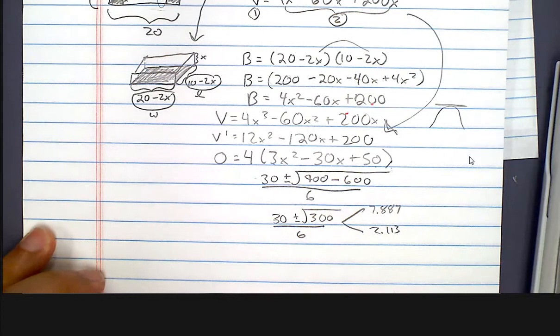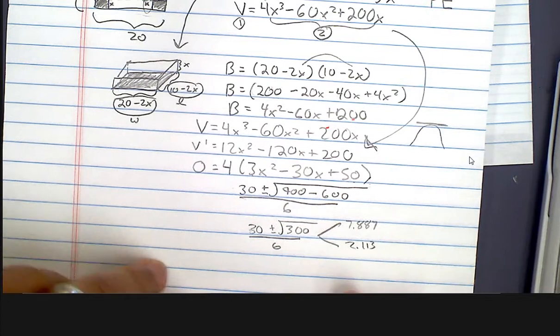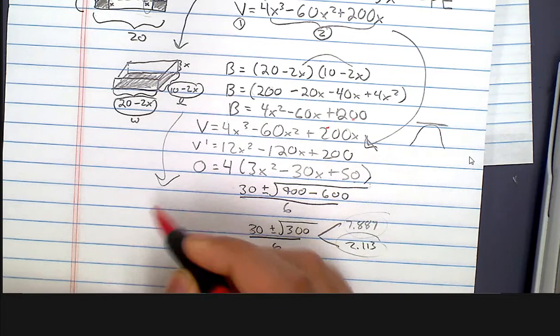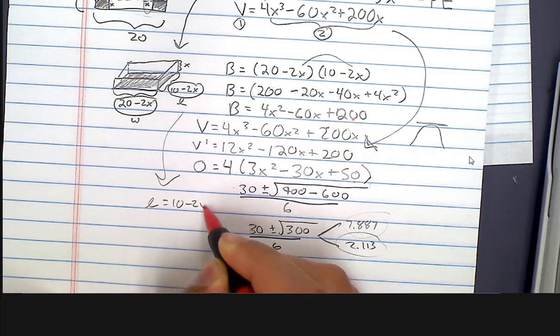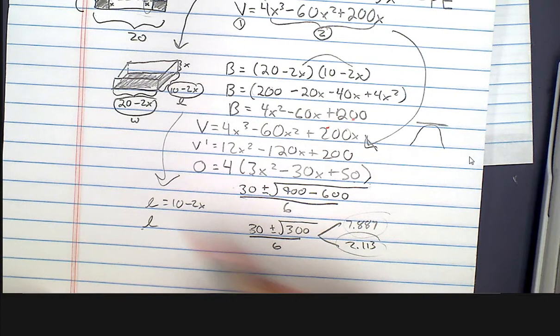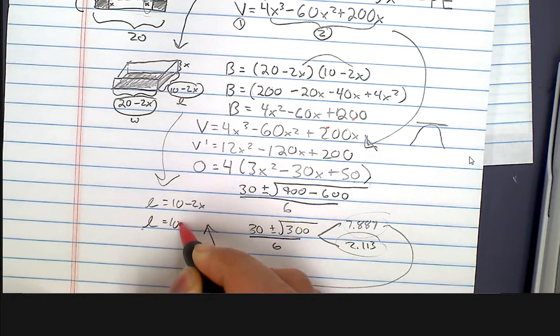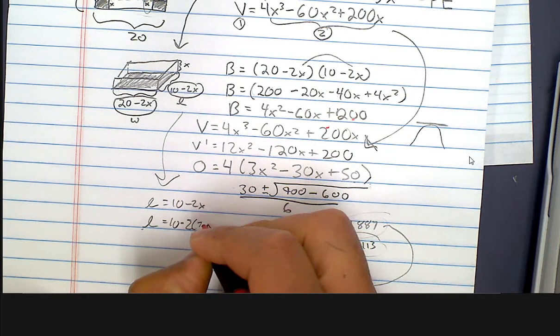Now we have to think of these answers in the context of the x value here. We're finding width and length, and when we plug these in, it's very obvious as to which one is correct, because let's say, for example, the length is equal to 10 minus 2x. So if we were to substitute this one right here, that would be 10 minus 2 times 7.887.